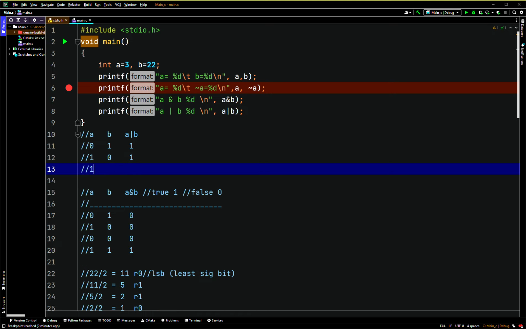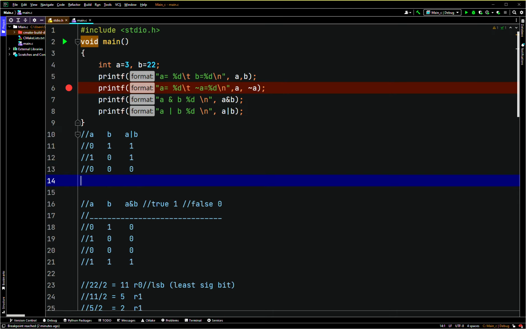If we have A is false or 0, and B is false or 0, then A or B is going to be false or 0. If we have A is equal to true or 1 and B is equal to true or 1, then A or B is going to equal true or 1.